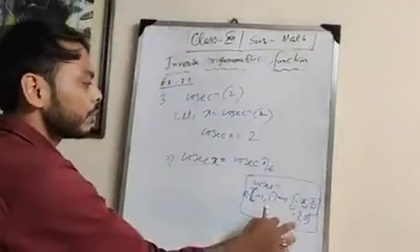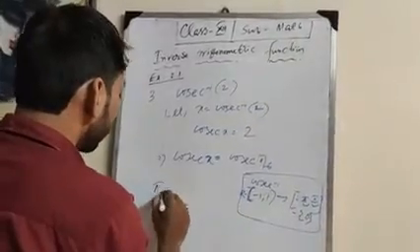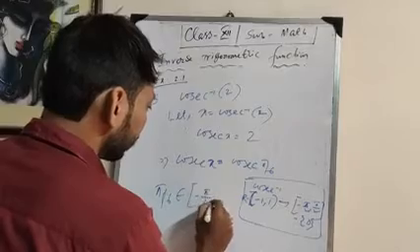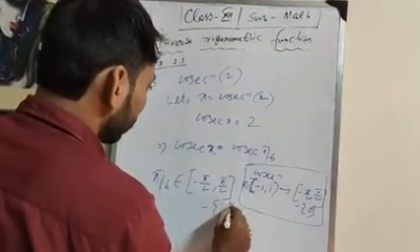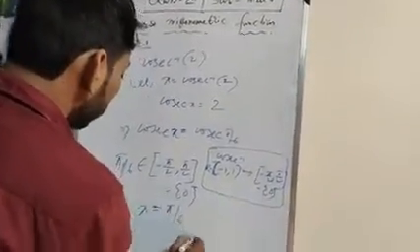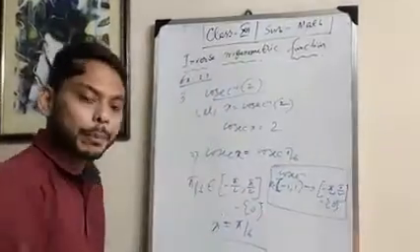That means 0 is excluded from this interval. Now pi by 6 lies in this interval, so x equals pi by 6. So the value of cosec inverse 2 equals pi by 6.